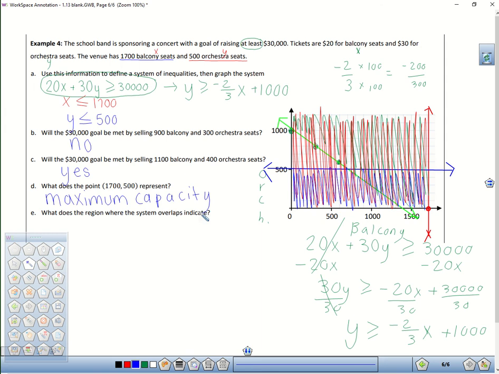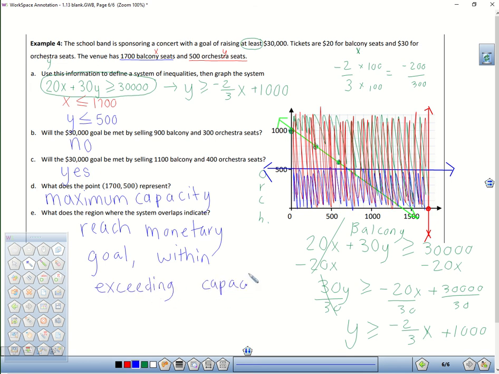It means that we reach the monetary goal without exceeding capacity. So that's what our goal is. We have to fall in the region where all three are overlapping. Okay? So yes. Yeah, sure.